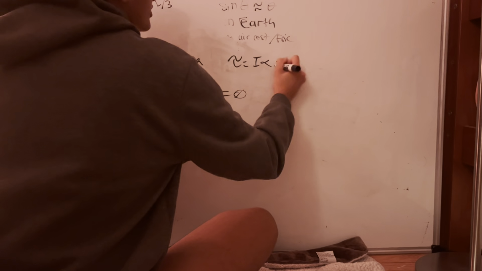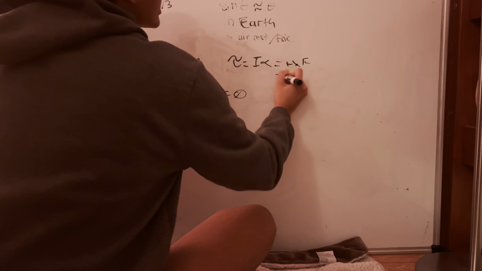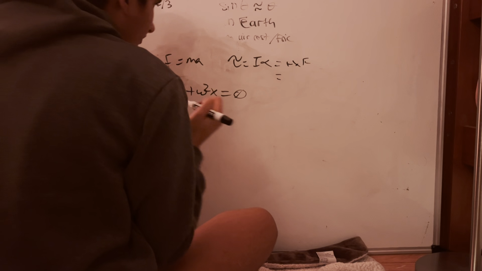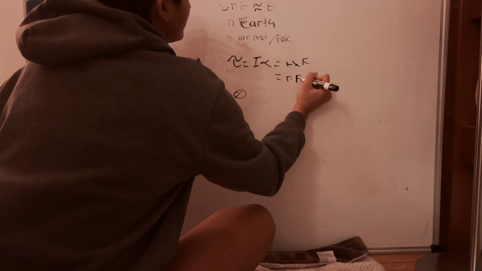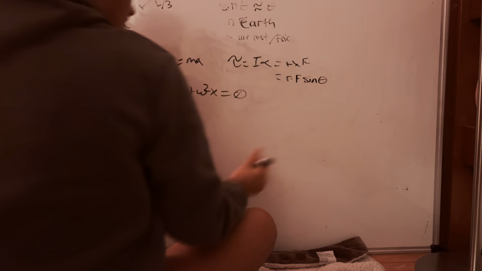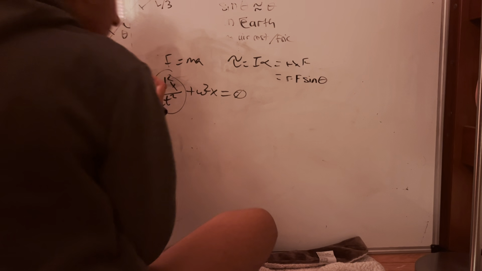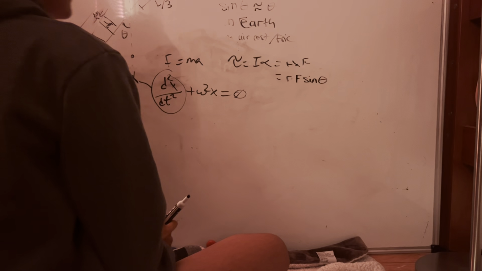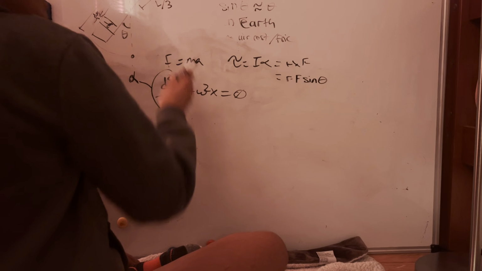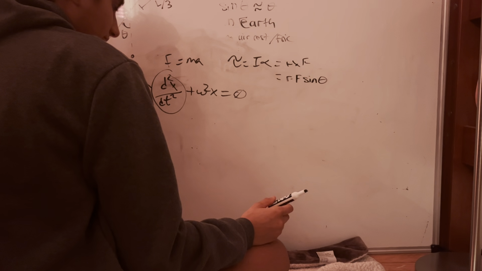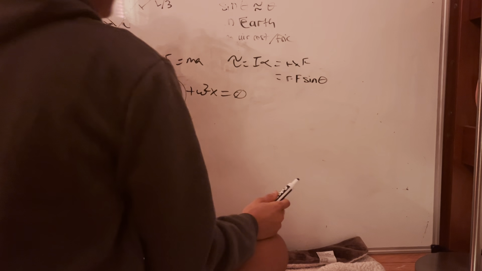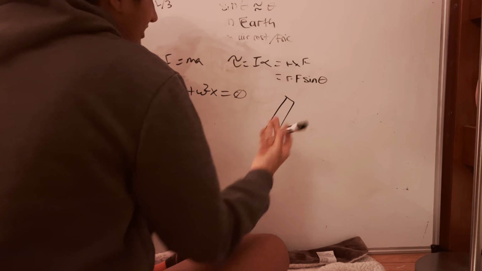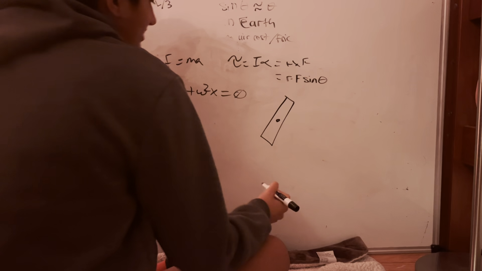And we know that torque is also equal to r cross F, which is equal to r times F times sine of theta, where theta is the angle in between them. Now over here, if we draw a free body diagram of our rod, we're going to see that right here in the middle is the center of mass.